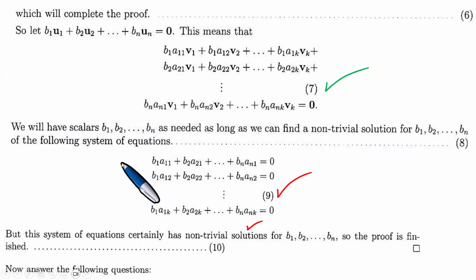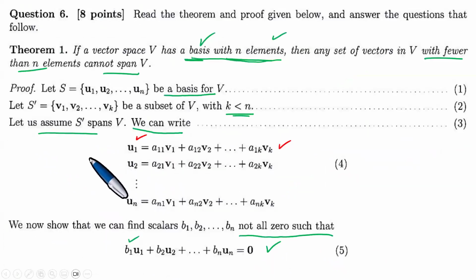But also, if you look at the fact that we made an assumption, the S prime here when K is less than N. So we actually assumed that S prime is a subset of V with K less than N. And we then assumed that S prime spans V.